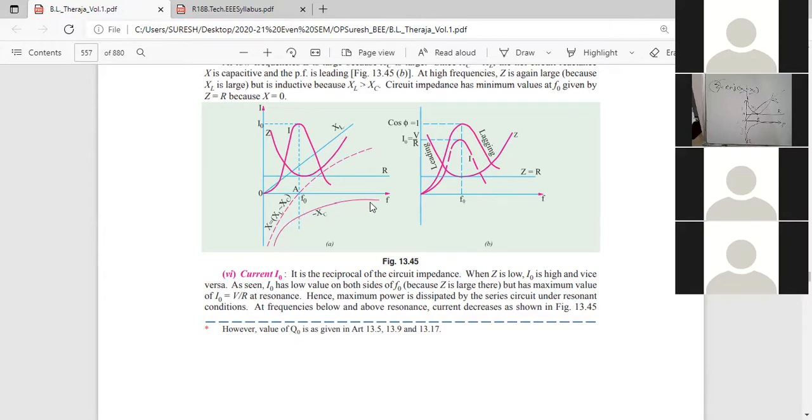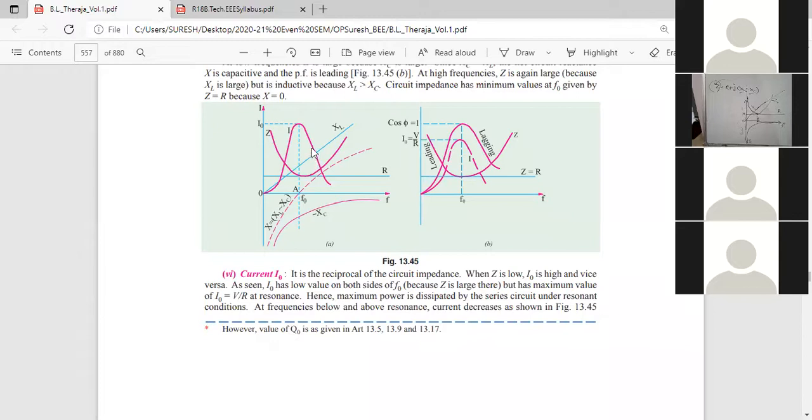This is your resistance curve, straight line. And what is Z? See Z, it is varying from plus infinity to, at f naught, it is R. At resonant frequency it is R. Again it is going to infinity. This is the curve for Z.